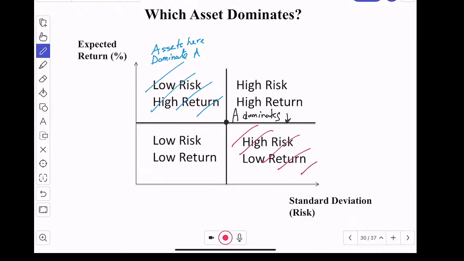Okay, so this is what you do to analyze an asset, is you would just put an axis running through it. So what about the other quadrants?